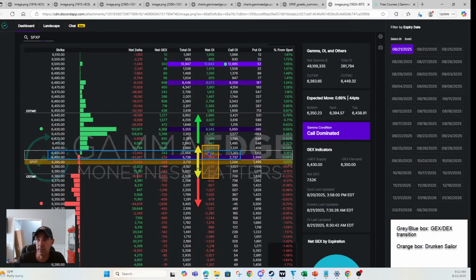If we're in the drunken sailor range, you see the very low exposure, 200 contracts on the net OI, so it will be driven by the intraday volumetrics. That's why we'll be watching our vol M, vol U, and vol D commands. And then if we're above transition as well as the drunken sailor range, we'd look for a quick drive towards 64.30. Again, we had a possible secondary drunken sailor area from 64.10 to 64.30.